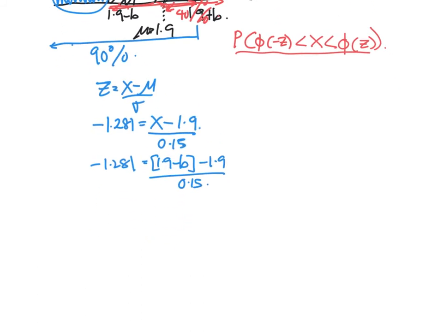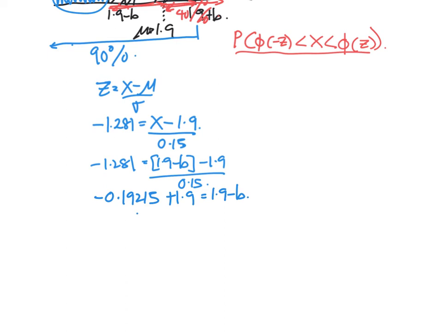So 0.15 times negative 1.281 is negative 0.19215, and then this is minus b, minus 1.9. Bringing that over, it's plus 1.9, and this is equal to 1.9 minus b.